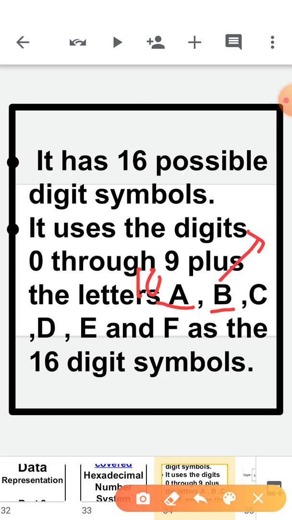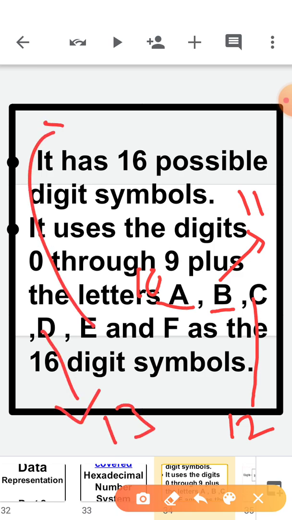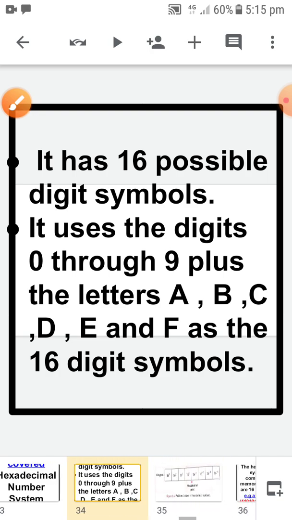B represents 11, C represents 12, D represents 13, E represents 14, and F represents 15. Okay, so 0 to 9 is 10 digits, then 11, 12, 13, 14, 15. Total 16 symbols participate in hexadecimal. That is why we are using base as 16.